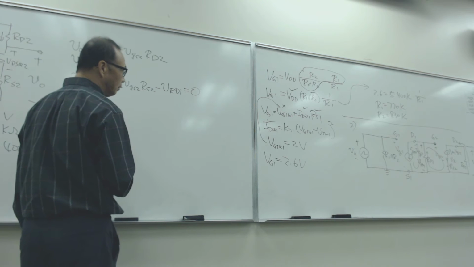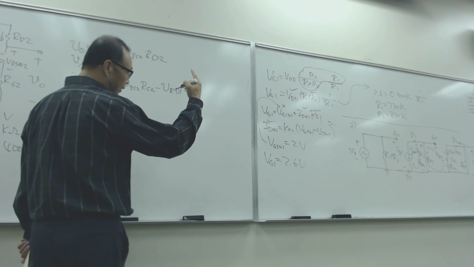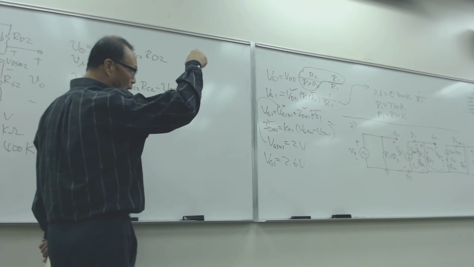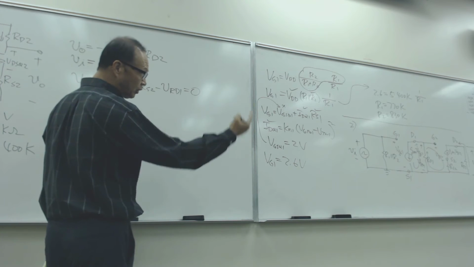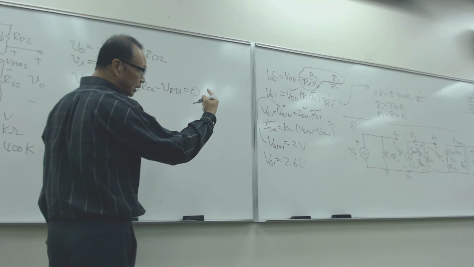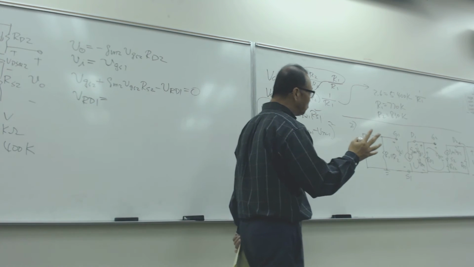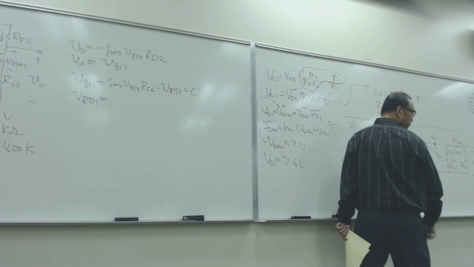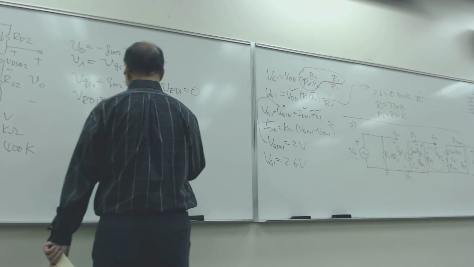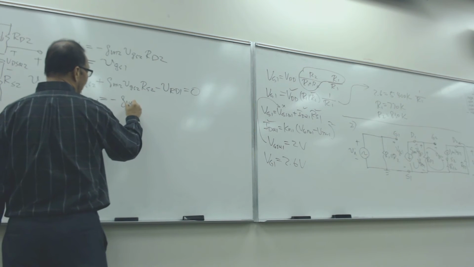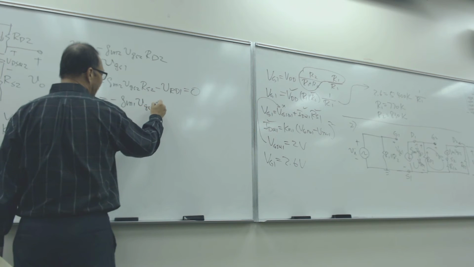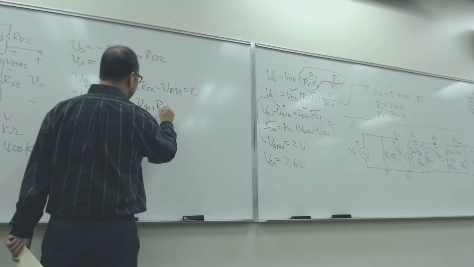Minus. No, because it goes up. The way I have defined the voltage is plus or minus, right? The current is going up, so that means the voltage drop polarity is opposite to the polarity I have defined. Yeah? So it's minus GM1 VGS1 RD1.